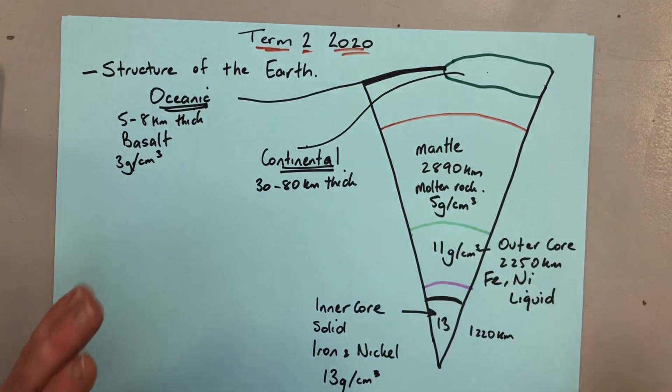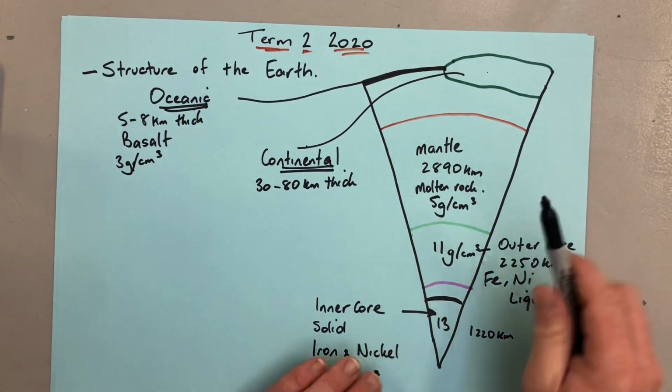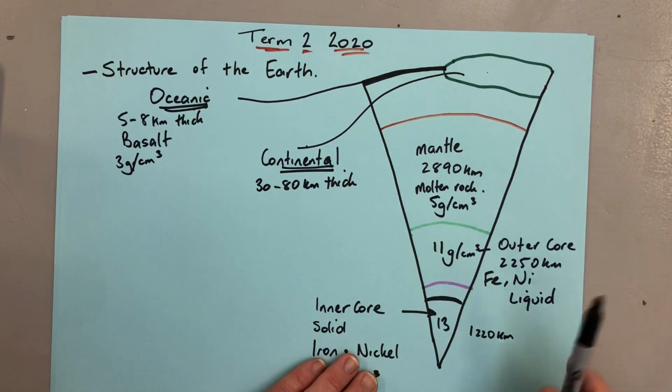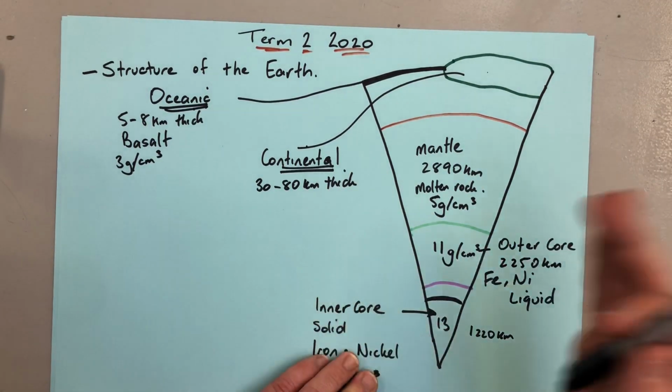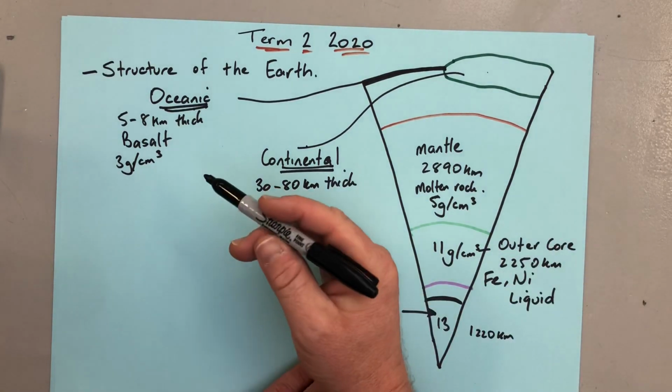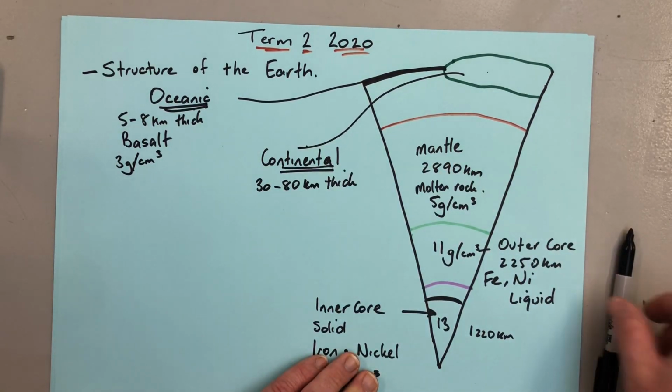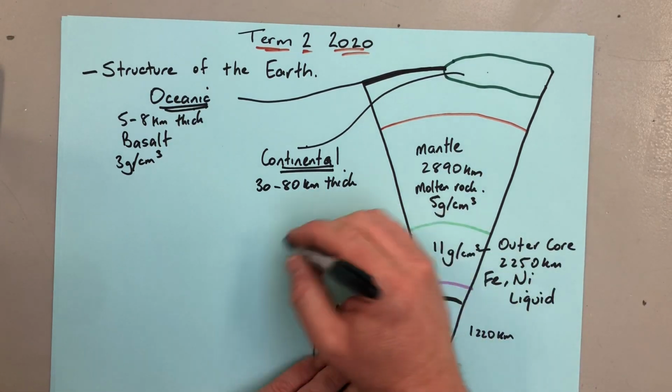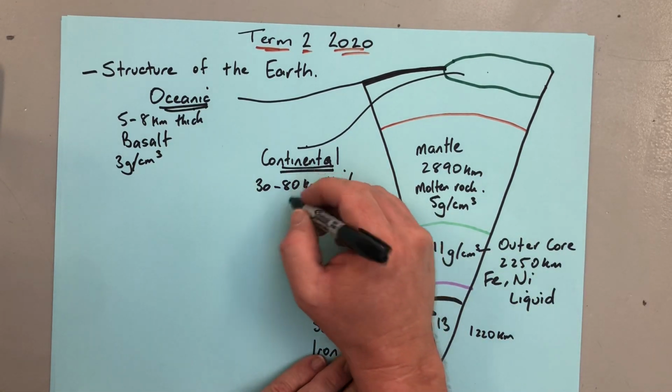Why? Because we haven't had a great deal of tectonic activity, and we've had lots of erosion, slowly making the surface of Australia thinner and thinner and thinner. All right, so the density of our continental crust is 2.2.